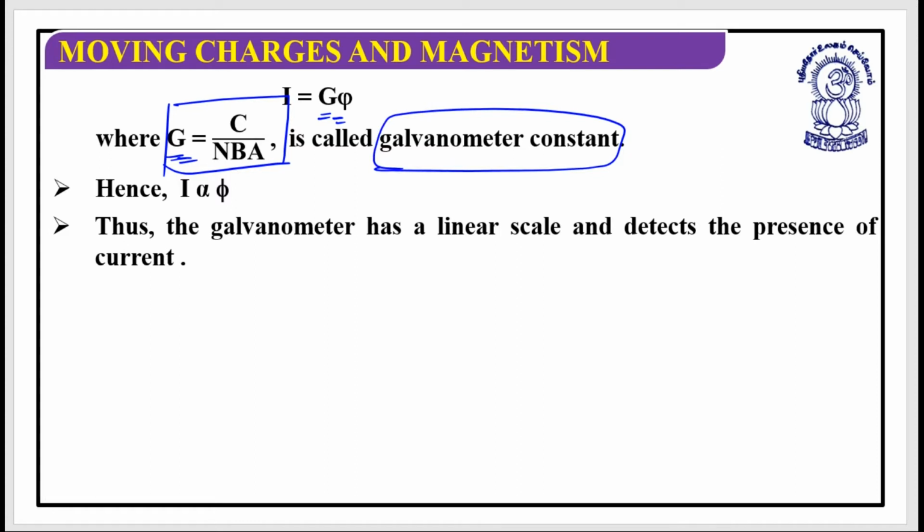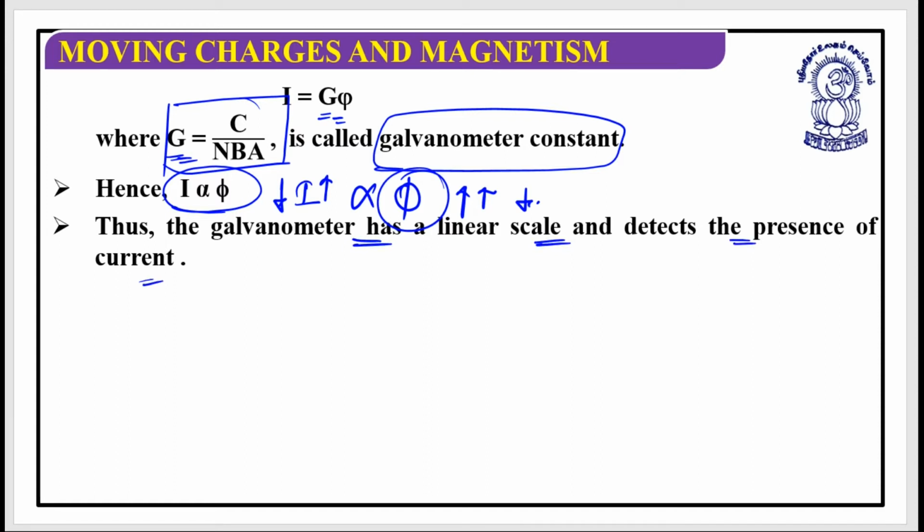If I understand that these are all constants, then I is directly proportional to phi. So whatever the deflection is, higher the deflection, higher the current, lower the deflection, lower the current. So at this stage the galvanometer has a linear scale and detects the presence or absence of a current.